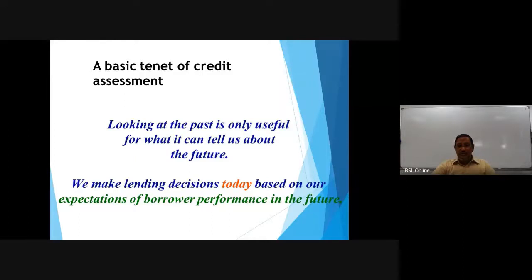Lending decision today based on our expectation of borrower performance, how the customer will perform next month, next year, next 3 months, 3 years during our loan period. So based on the past information, present strategies, and future plans, added together, we put forward our lending decision.